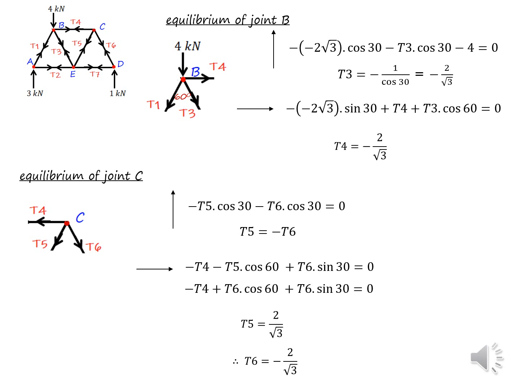Now that concludes the values that we obtained for T5 and T6 at joint C. Now we should move to the next joint, and once we do the analysis of that joint, almost all the members will be calculated.